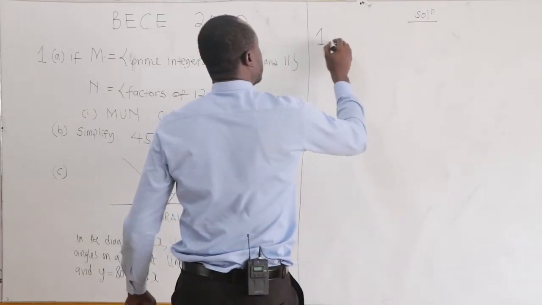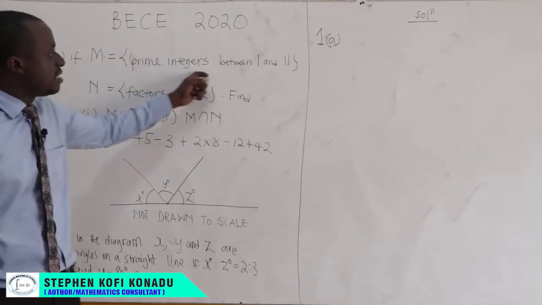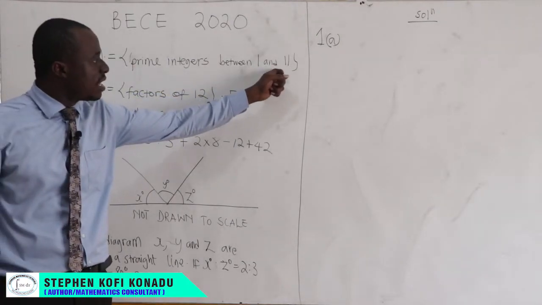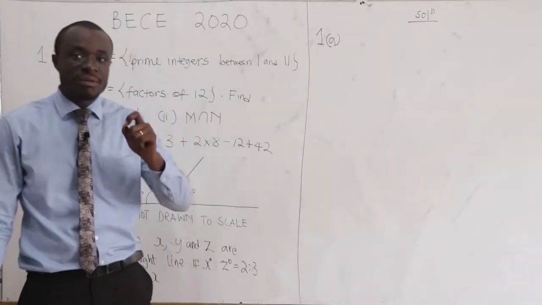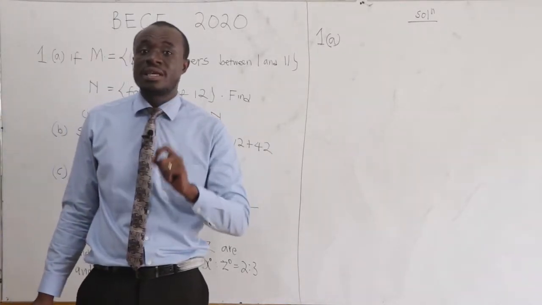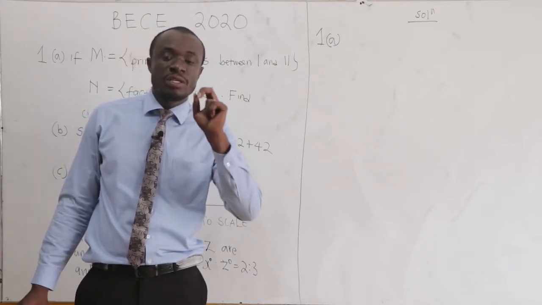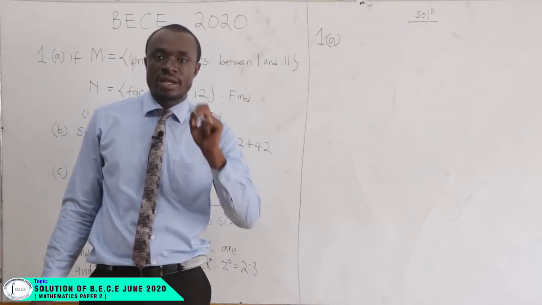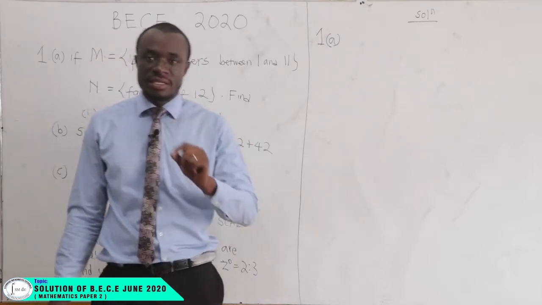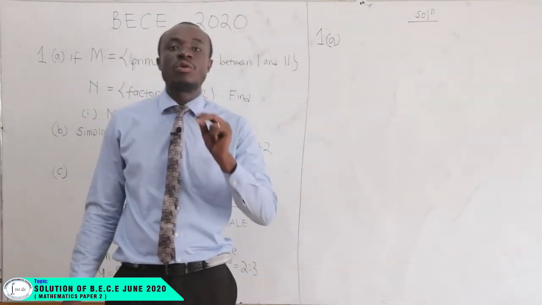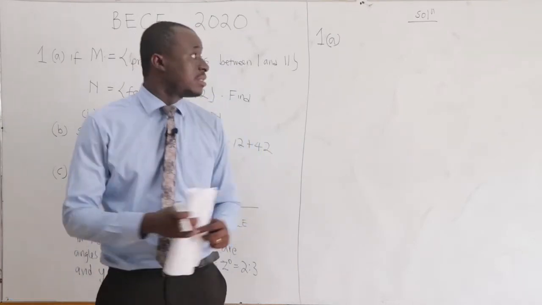So 1a. The first one, prime integers between 1 and 11. Prime integers are integers that have only two factors, that is 1 and the number itself.